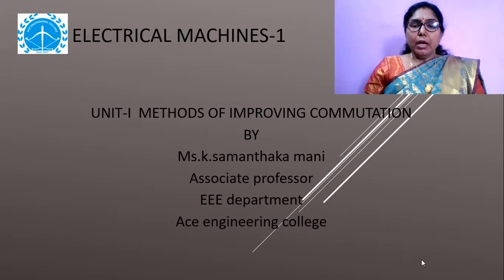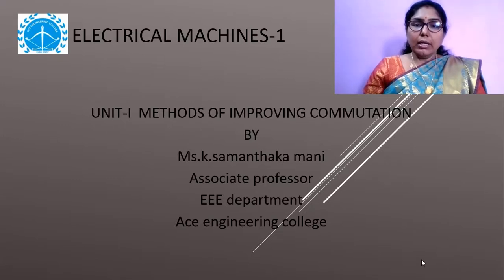Today, we are going to discuss the topic methods of improving commutation. In the previous class, we discussed the meaning of commutation, how it occurs at the brushes, and how it causes sparking at the brushes.